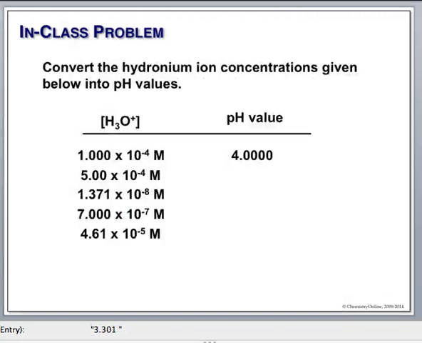4. 5 times 10 to the minus 4. This one you have to type in. Type in 5 times 10 to the minus 4, hit the log button, change the sign. 3.301. 1.371 times 10 to the minus 8.